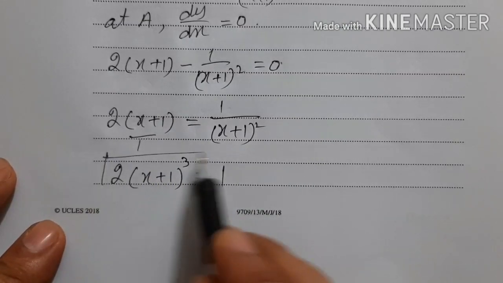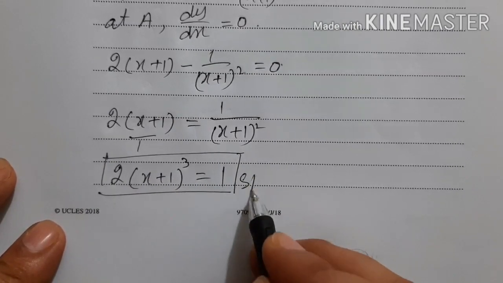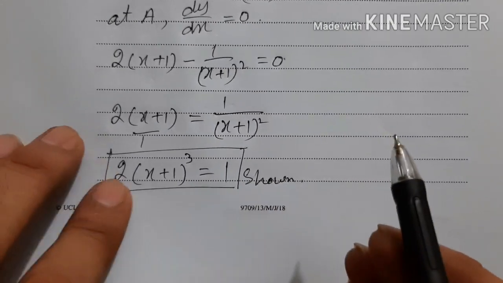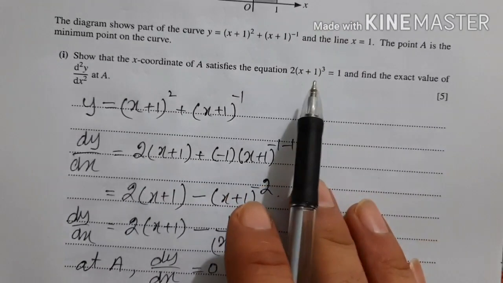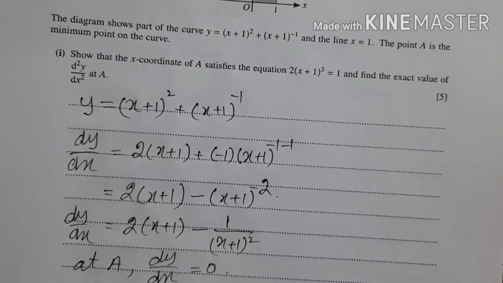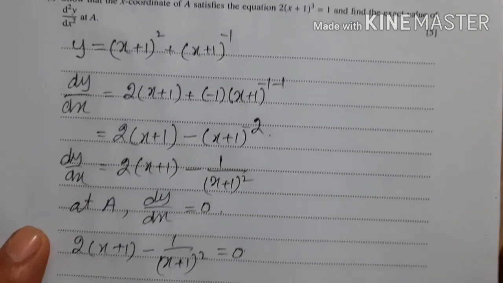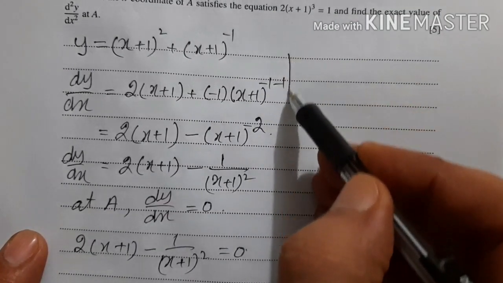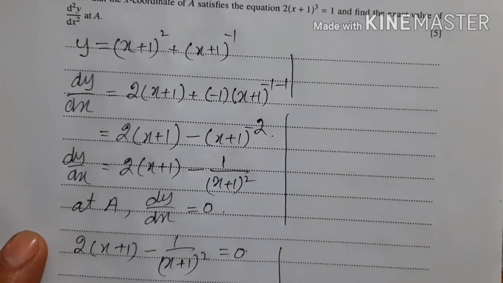So this is shown. We need to show this in this form. Okay, so I hope I got it. No, this is the only page, so I'll have to divide it into 2 parts.